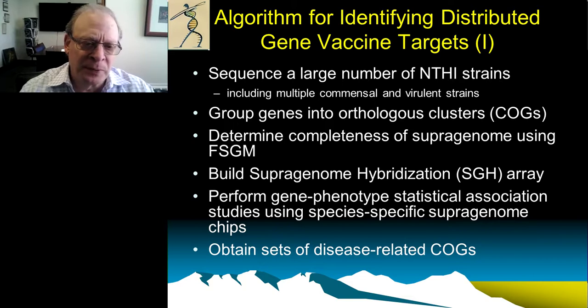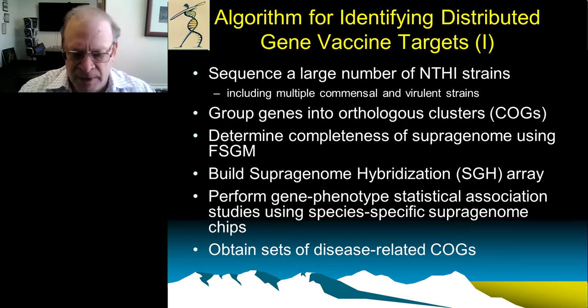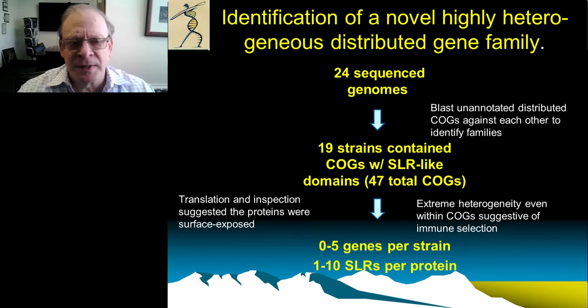Then determine the completeness of the supergenome using our finite supergenome model, and build from that a supergenome hybridization array, which would contain all of the distributed genes, and then perform gene-phenotype statistical association studies using this species-specific supergenome chip. So essentially, we would interrogate large numbers of strains and then obtain sets of disease-related COGs. And that's exactly what we did.